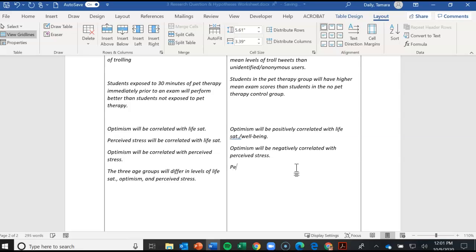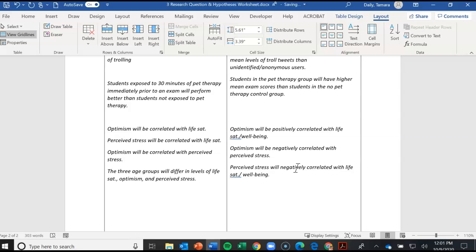Perceived stress, I could predict, would be negatively correlated with life satisfaction.